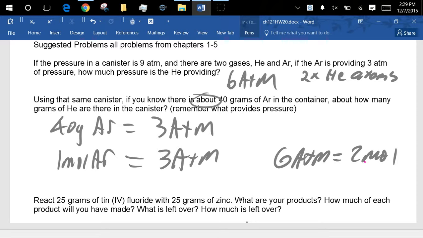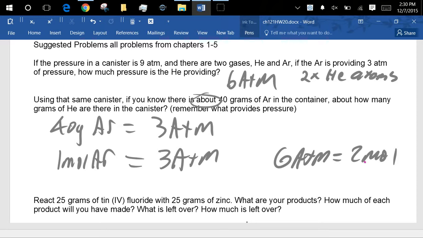The last question had, this container has 3 atmospheres of argon in it. And then the next question says, in that container there's 40 grams of argon. So 40 grams of argon is responsible for 3 atmospheres of pressure. So 40 grams of argon just happens to be equal to about a mole of argon.